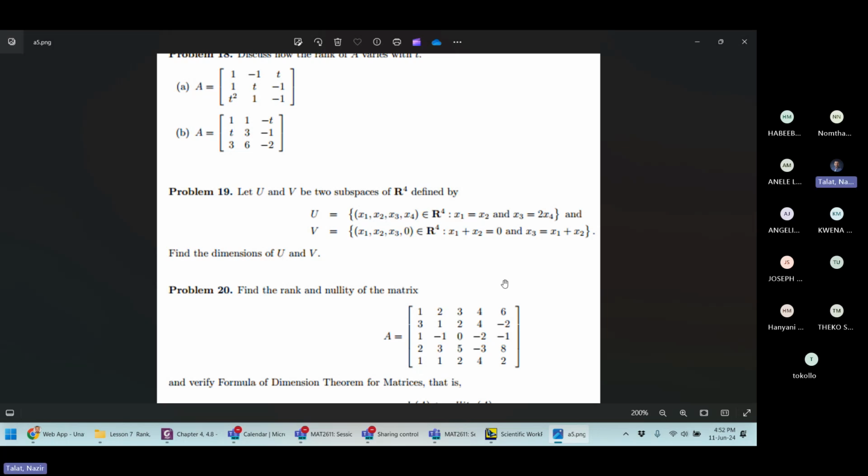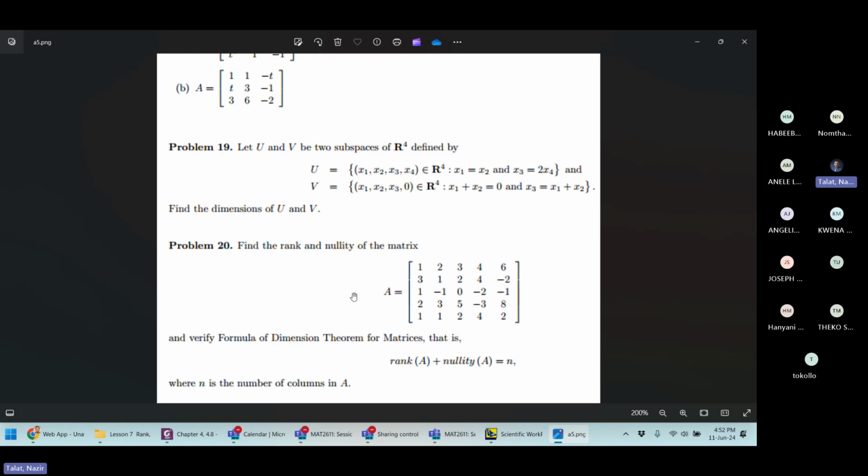The next thing is to find the nullity and rank of a matrix A. Here A has 5 rows and 5 columns. In that case, we can apply elementary row operations and then check how many rows are non-zero.